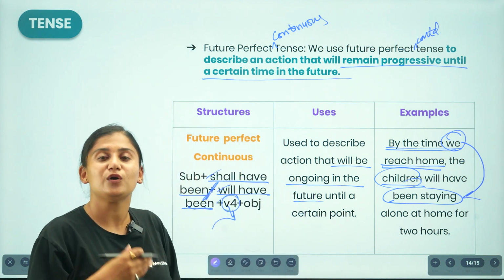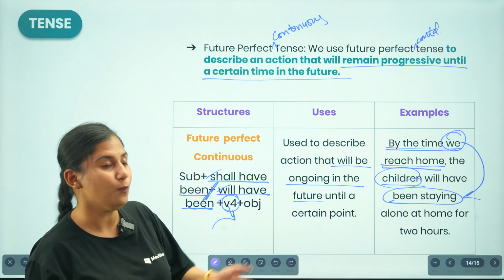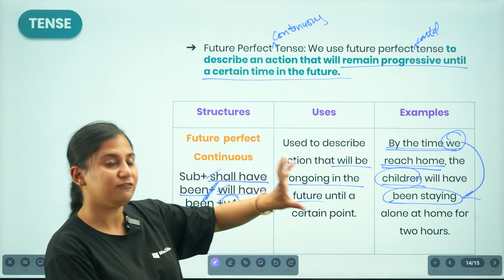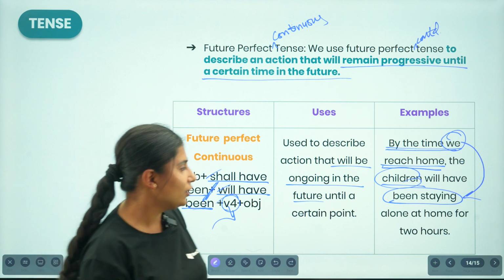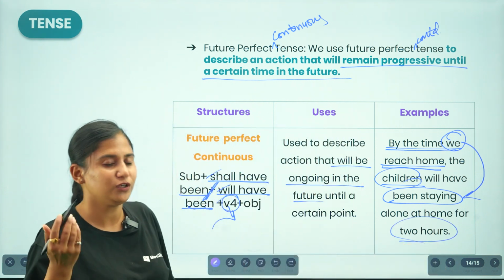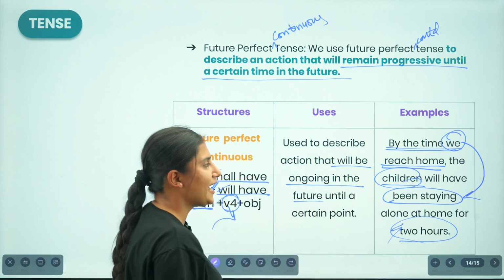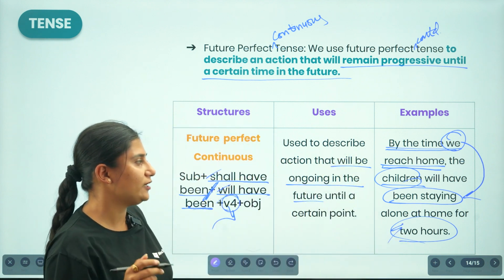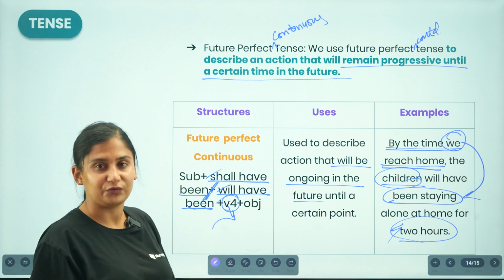The staying alone of the children at home will be in a progressive form until you reach home, right? For how long? For a certain period of time, that is for 2 hours. So before the time we reach home, the children will have been staying alone at home for 2 hours.